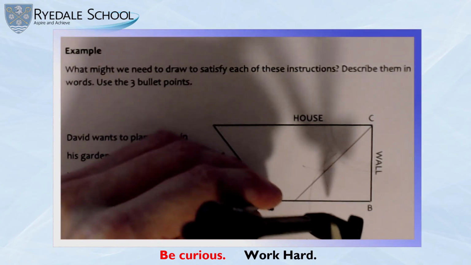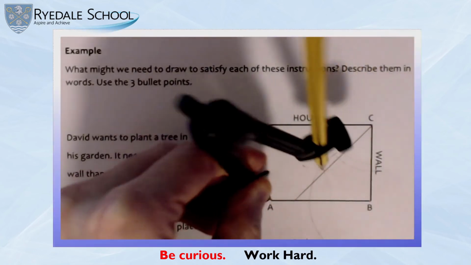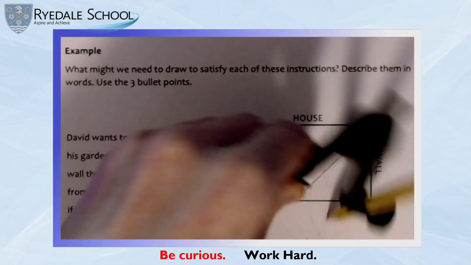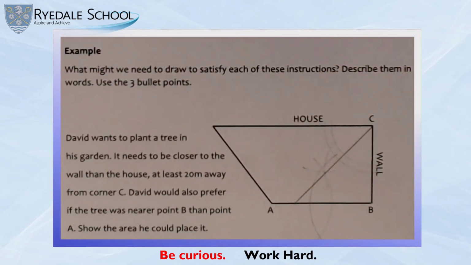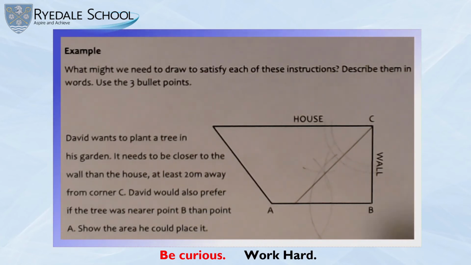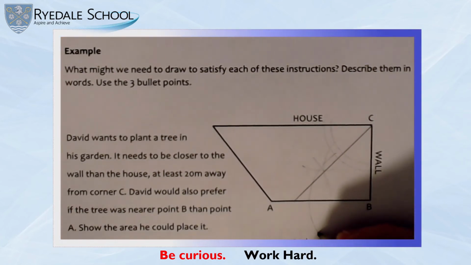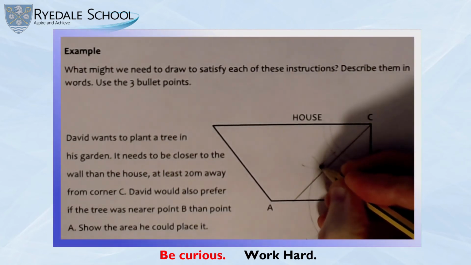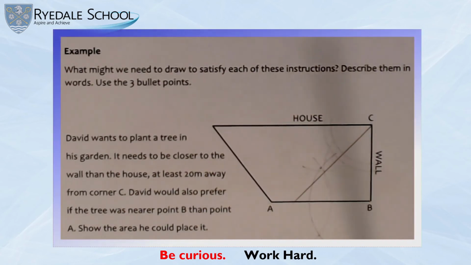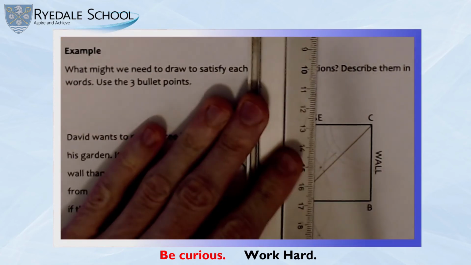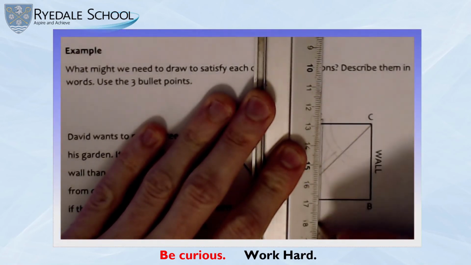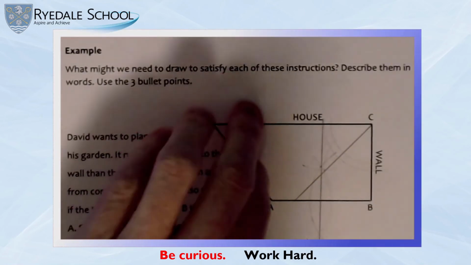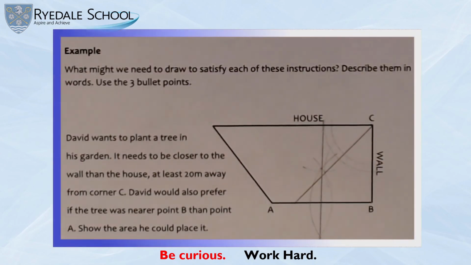And then same distance from point A. And I'm looking for where my two arcs cross, and we can just see that without me adjusting. Got this point here and this point here. So using my ruler, that is my line bisector.